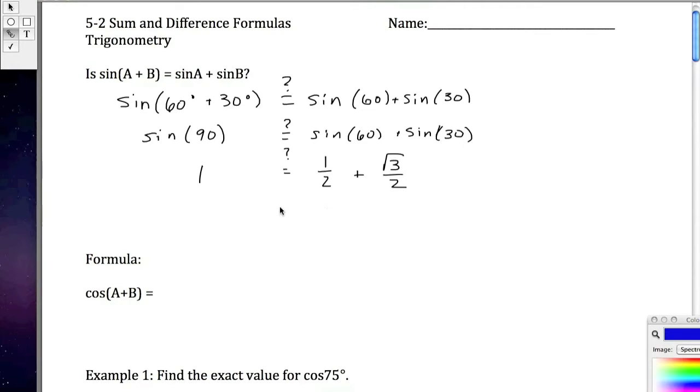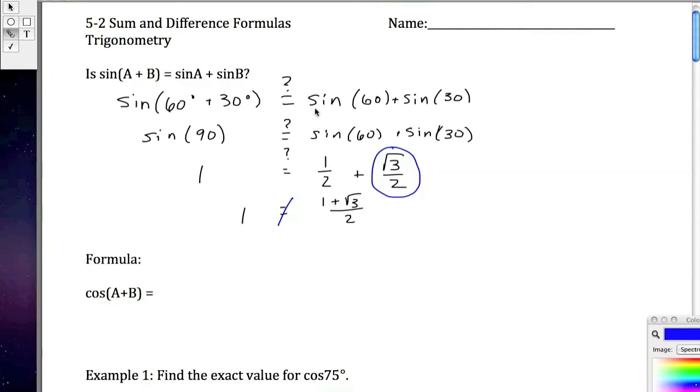Well, what that gives me is 1 equal to 1/2 plus square root of 3 over 2. I know that this would have to be 1/2 in order for this to be 1. I know that it's not 1/2. So this is not equal.